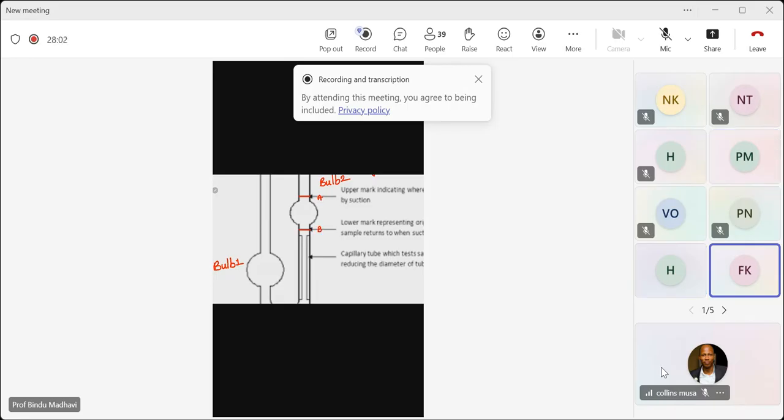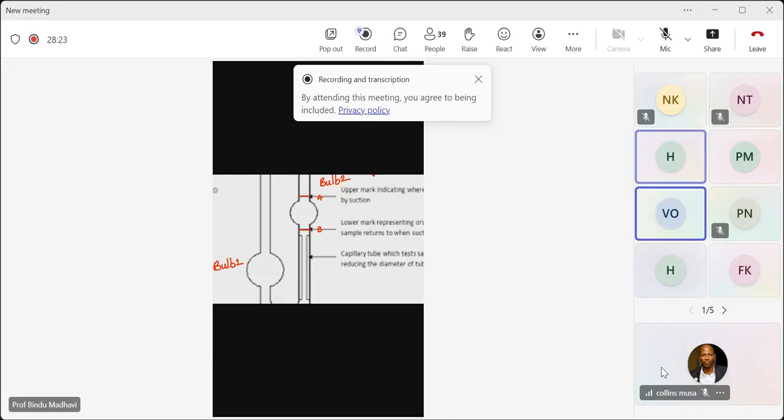Let us consider the markings as A and B. The first one is below the bulb and the second one is above the capillary.